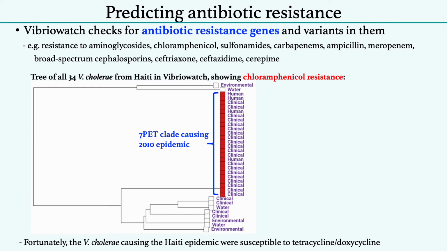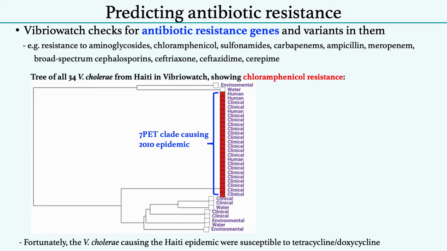For example, I have shown here a tree of all the isolates in Vibrio Watch from Haiti, with the red nodes in the tree showing isolates that are predicted to be resistant to chloramphenicol. You can see that when I show with the blue line the 7 pandemic isolates, all of the 7 pandemic isolates are predicted to be resistant to chloramphenicol, and all of the non-7 pandemic isolates are not resistant, that is, they are susceptible.